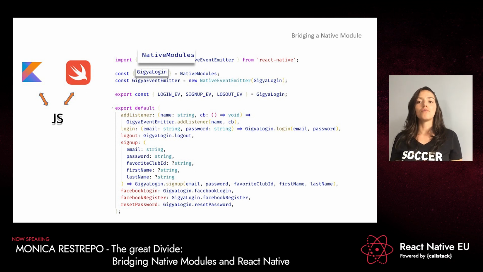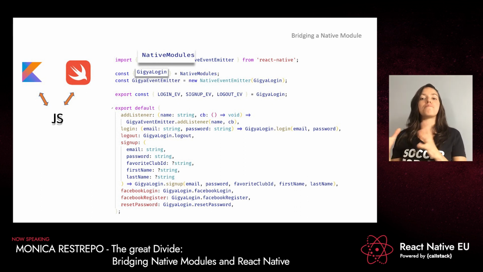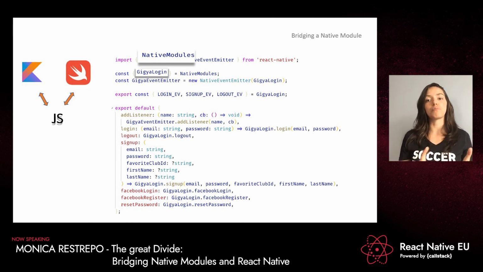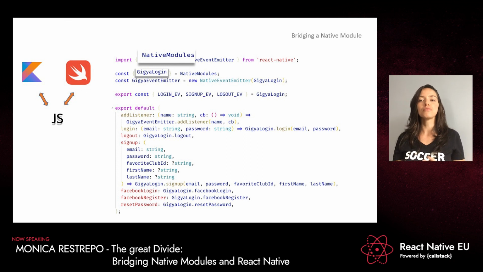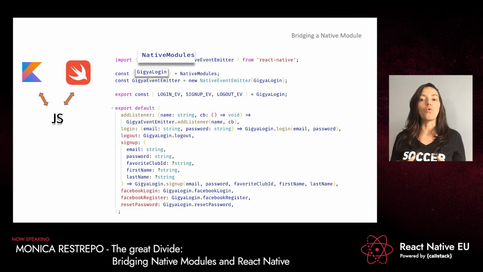What's happening under the hood is that the bridge is looking through that list or array of registered modules that it has available and picking the one that we are calling. The same thing happens with the methods exposed to that class. We can access them once the whole module has been bridged to the JavaScript side, as you can see here.